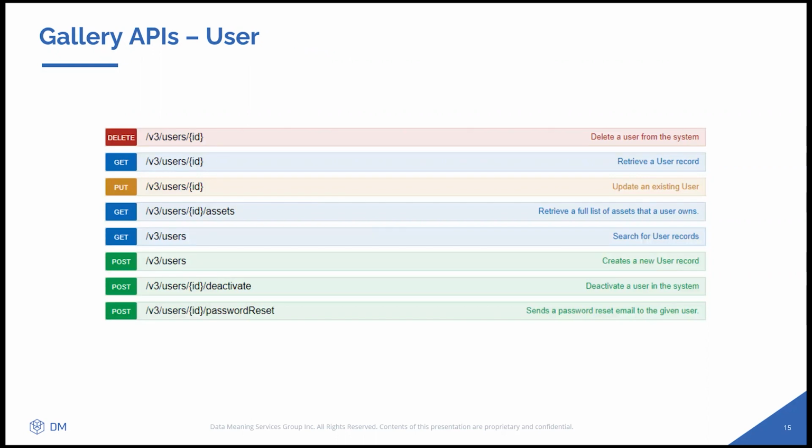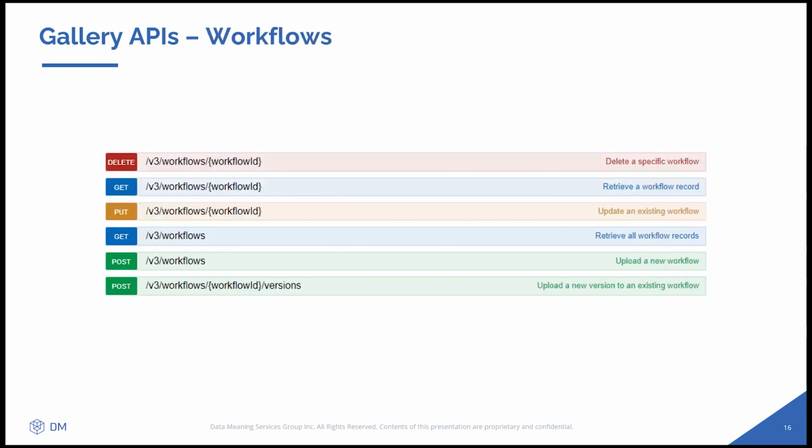You can delete a user, retrieve a user, update an existing user, retrieve all the users, search for a user, and retrieve a full list of assets that a user owns, like all the workflows that a certain user has. You can create a new user, deactivate a user, and send a password reset email for a user.